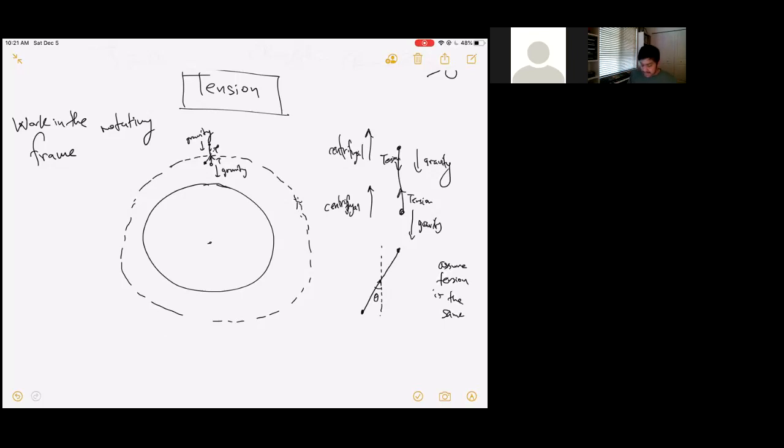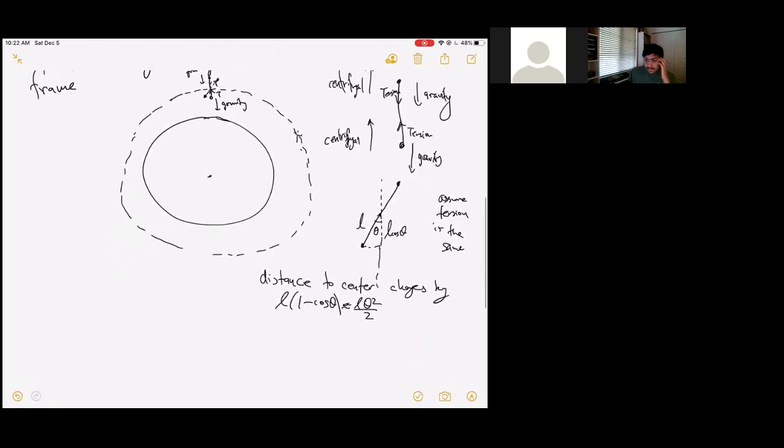However, the thing to realize is that if this distance is L, the amount that the distance to center changes by is L times 1 minus cos theta, which is on the order of theta squared. So the amount the distance to the center changes is on order theta squared. That's fine. But what that means is that up to order theta, the forces don't change.